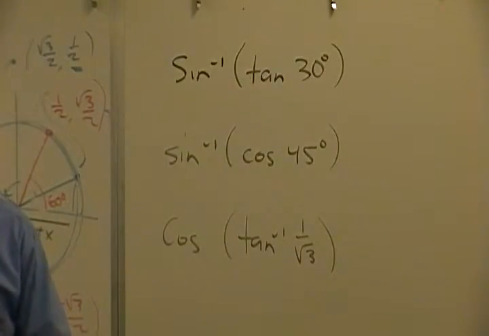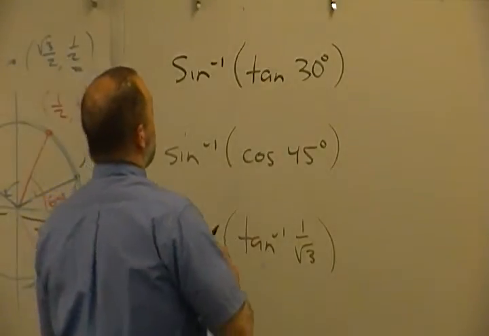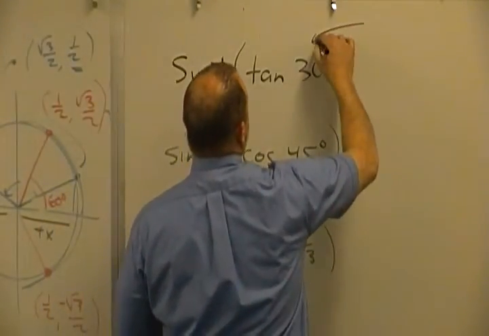So for the sine inverse, we would have to use our calculator, like, we get the tangent of 30, and then we plug that into sine inverse, correct? We get tangent of 30 is 1 over root 3. So then we would have to plug that into our calculators. This would be an example of where you need to use a calculator.